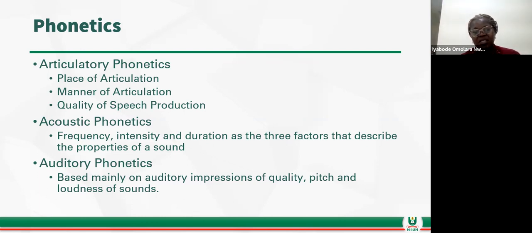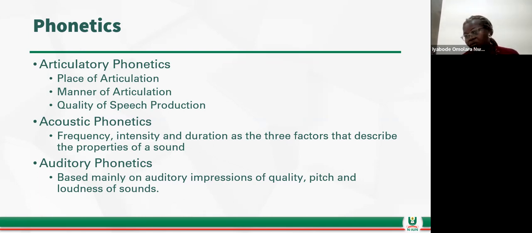While the first one is about the production process, articulatory phonetics, where we have studied place of articulation, manner of articulation, and quality of speech production, the next one, acoustic phonetics, is the way the sound waves move within the atmosphere when released.